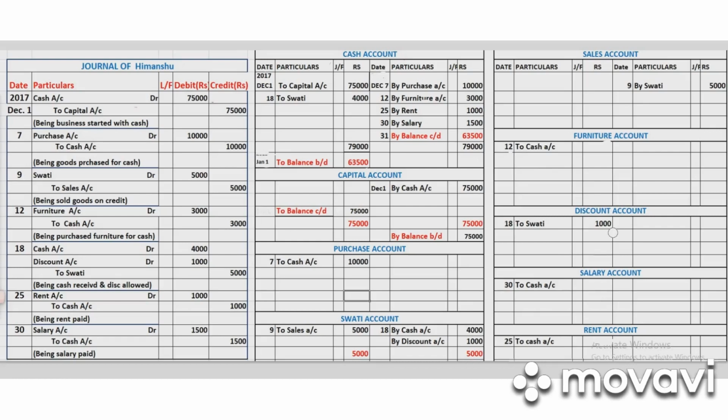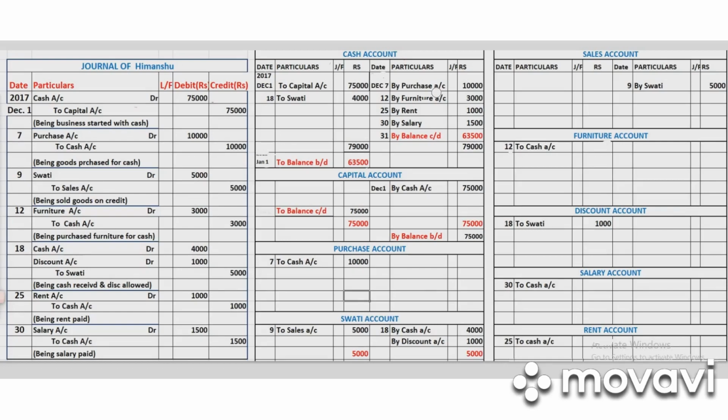Now I hope you understood how the ledger account is totaled, how it is balanced, and how to consider the different balances, maybe debit balance or credit balance. And since we have followed double entry bookkeeping, we have taken the two aspects of a particular transaction and put them in the debit side and the credit side, and from there we have posted to the ledger account.